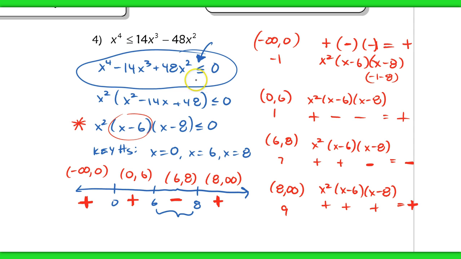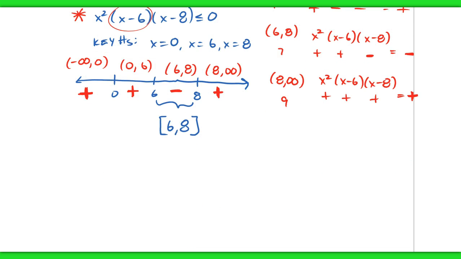Because this is less than or equal to 0, remember that at x equals 6 this whole term drops to 0. If x equals 8, this whole term drops to 0. So this is going to be a closed interval from 6 to 8. We also need to consider that at x equals 0, the whole polynomial also equals 0.